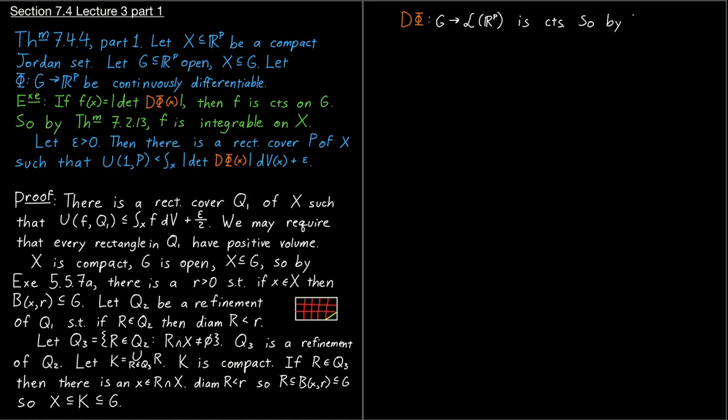So by theorem, d phi is uniformly continuous on any compact subset of X, but we actually need it to be uniformly continuous on K.